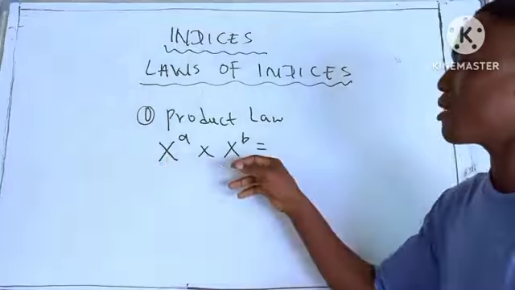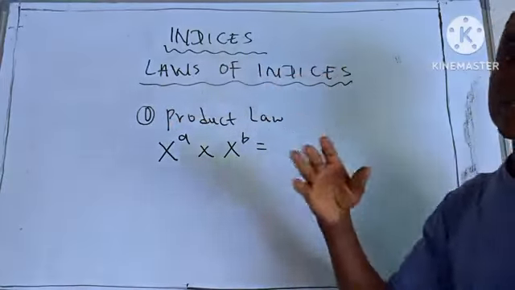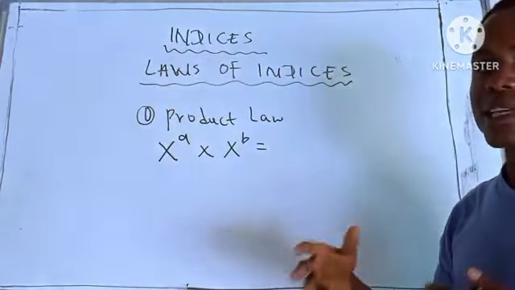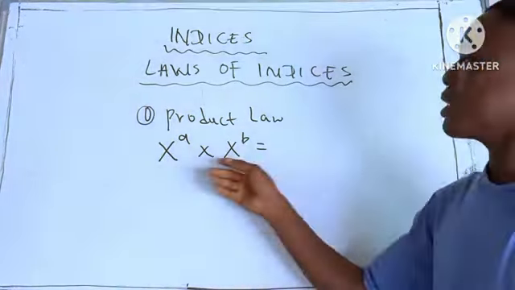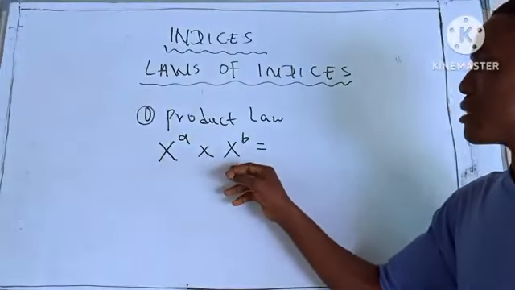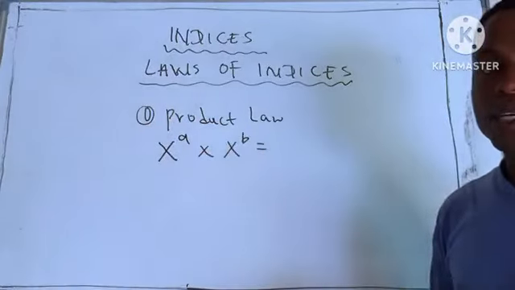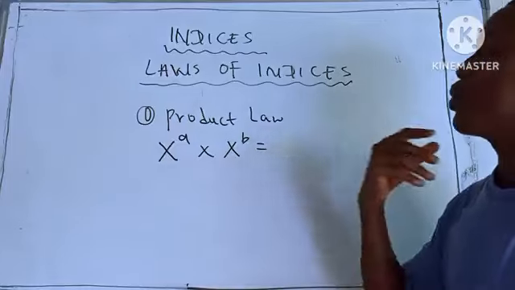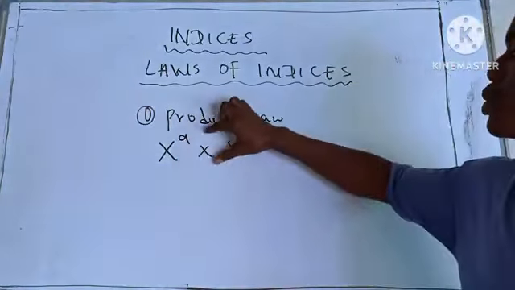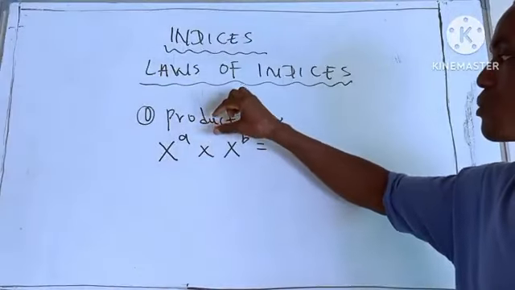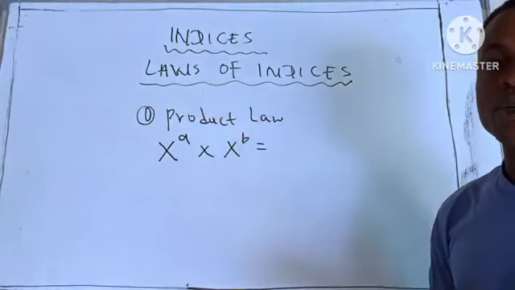The down alphabet or the down numbers are called the bases, while the upper ones are called the exponents or the index alphabet or index numbers.